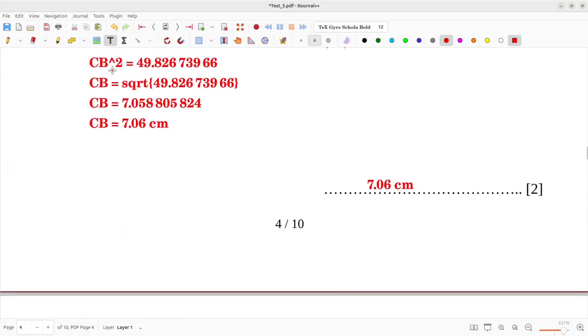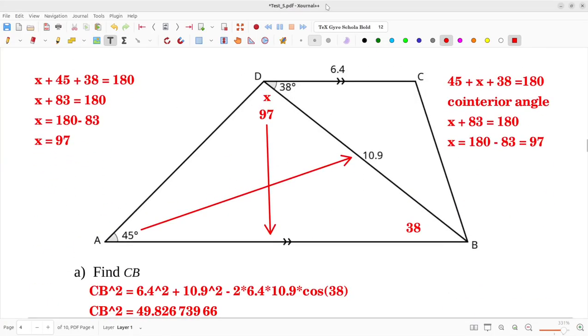Then for the area of BCD, it's this triangle up there: two sides and an included angle, 10.9 and 6.4, and then there is an angle between those two sides.